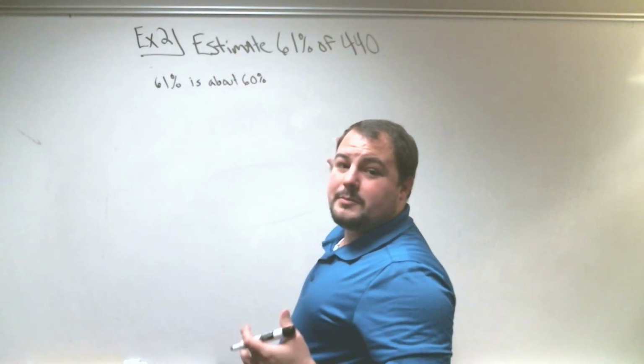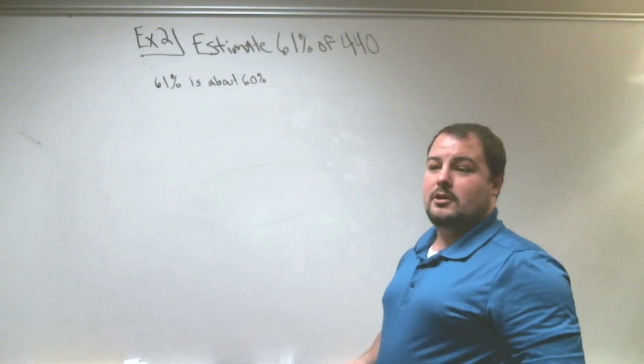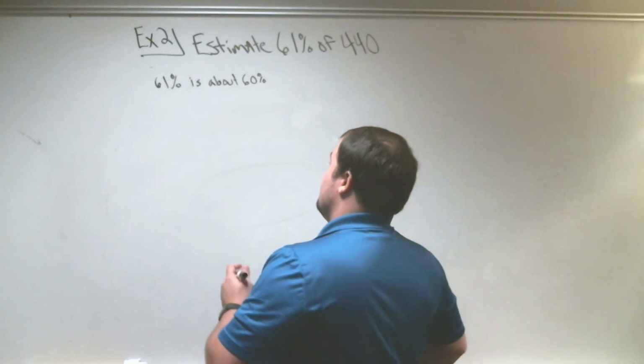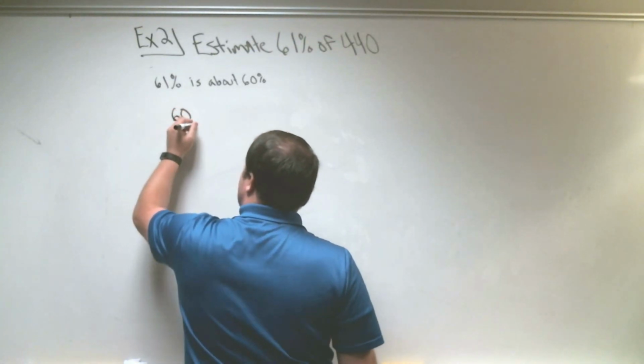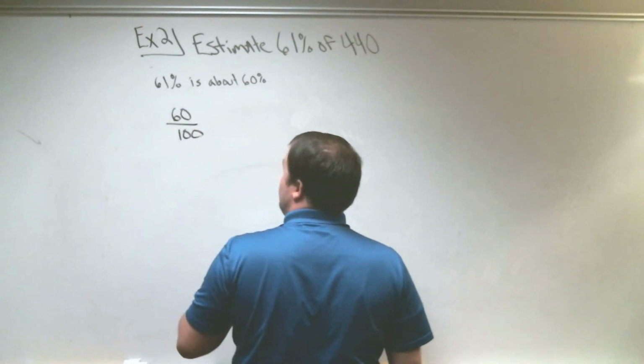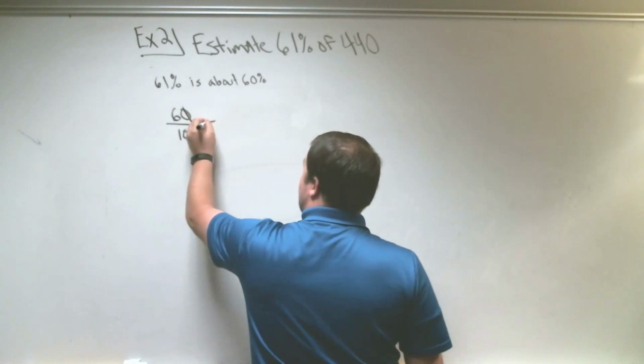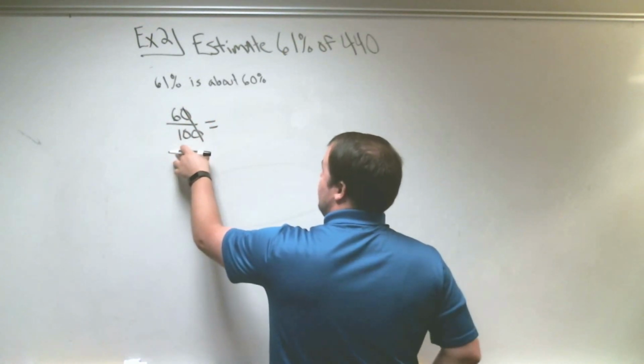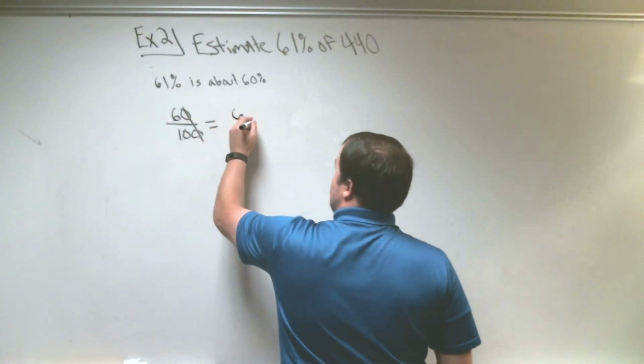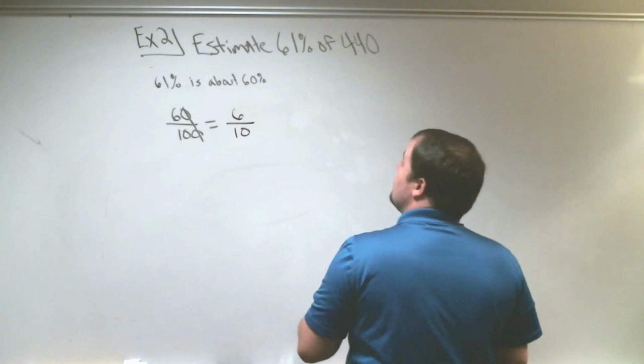And I'm going to make 60% a fraction by putting it over 100. So I got 60 over 100. Since I have 0 on top and 0 on bottom, I can cancel that out, and I got 6/10.